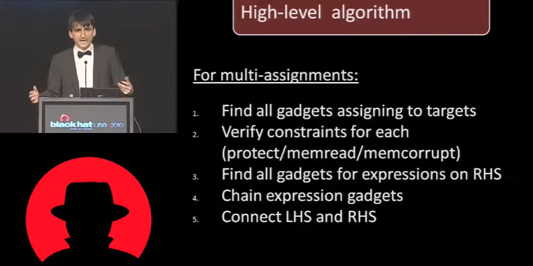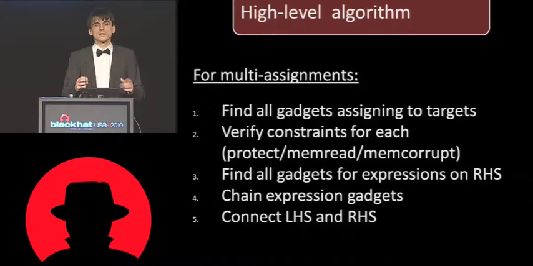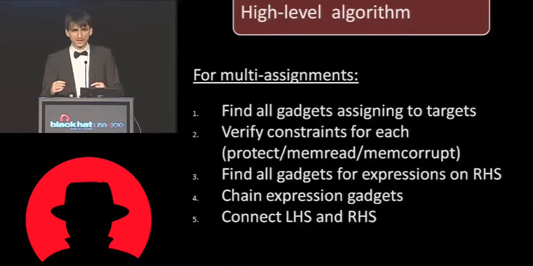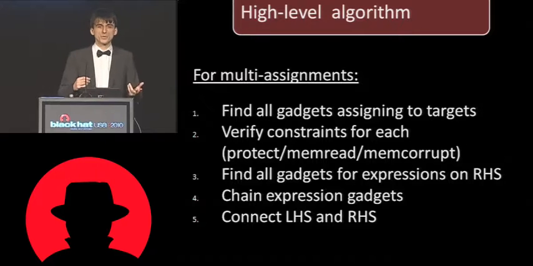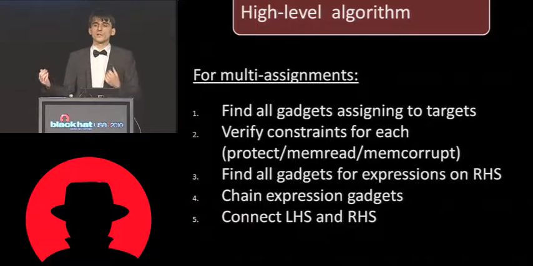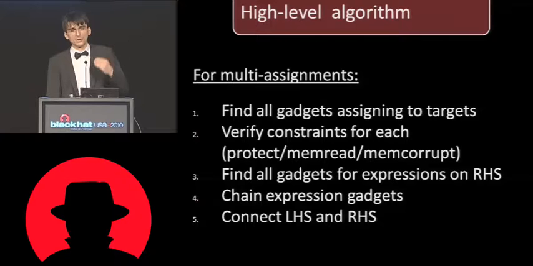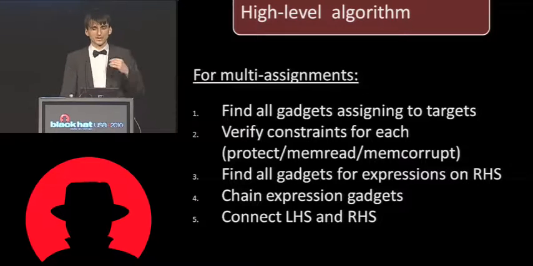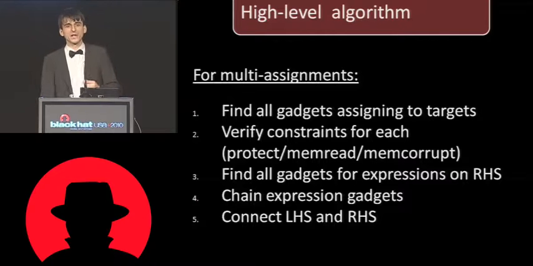So why is that necessary? For instance, you may have the case that you always have gadgets that whenever they compute an addition into the register R0, clobber the value R1. On the other hand, you need to assign the register R1 a value.